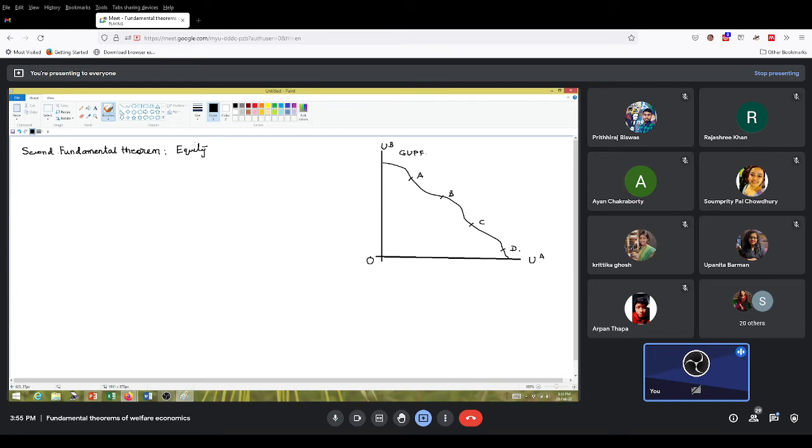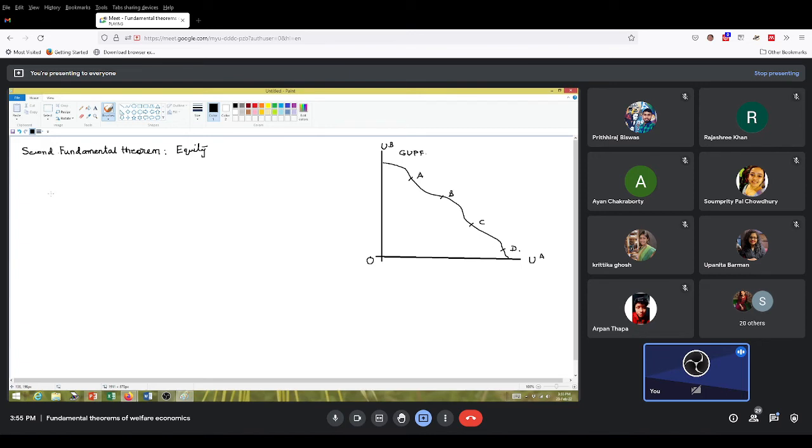The problem is that proving it is quite complicated. You require Brouwer's fixed point theorem, which is quite advanced mathematics. It's part of your PG course. So what I'm going to do is simply state the second fundamental theorem.